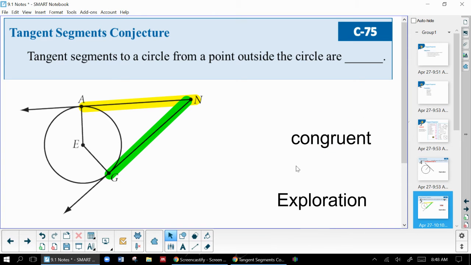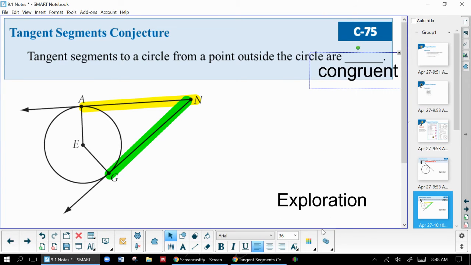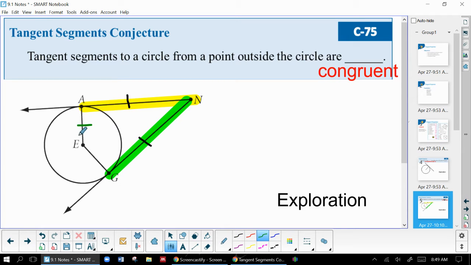And that is another really nice one to have, because we know a lot of things about congruent segments. If we were to make this into a triangle with these two segments, we'd have an isosceles triangle. The way it is now drawn with the radius, because we've got congruent segments there and there, and we've also got the radius there and there, we've got a kite.